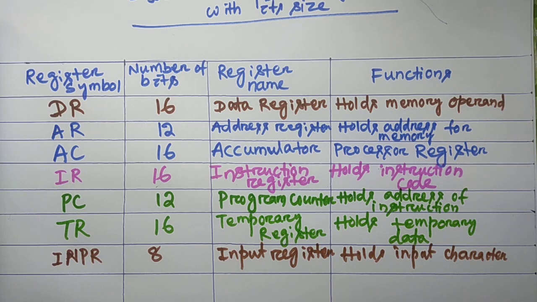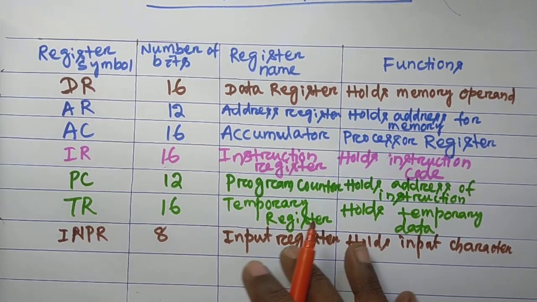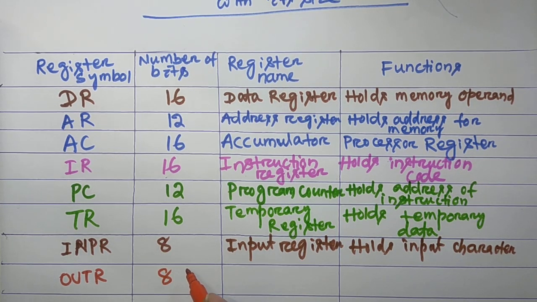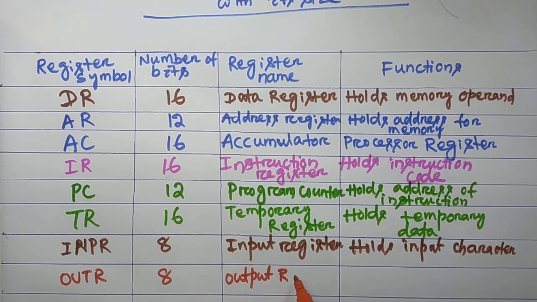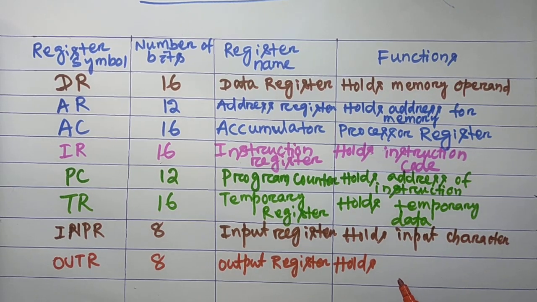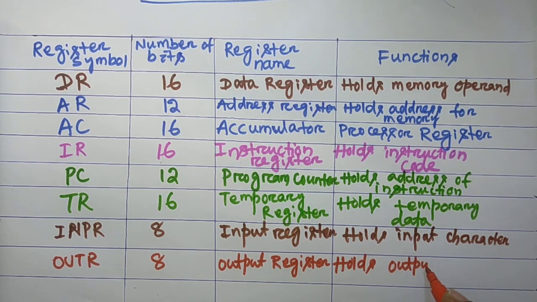Similarly, another we can write, that is output, OUT, the output register. Here it is similarly 8 bits. We can write output register, and it holds output character.